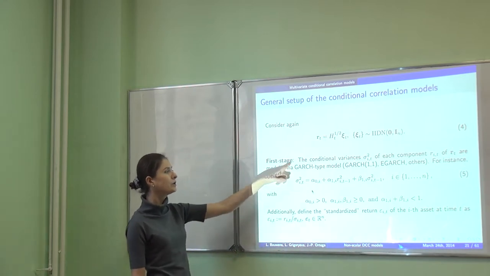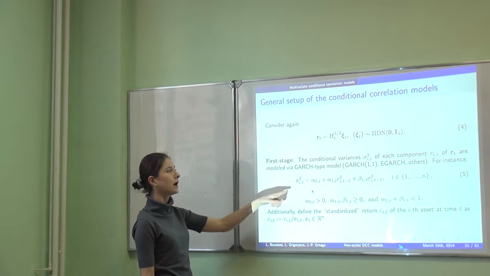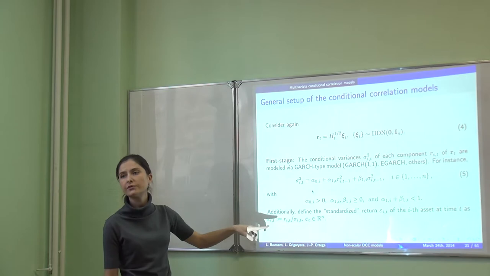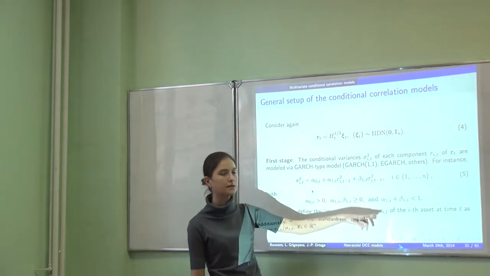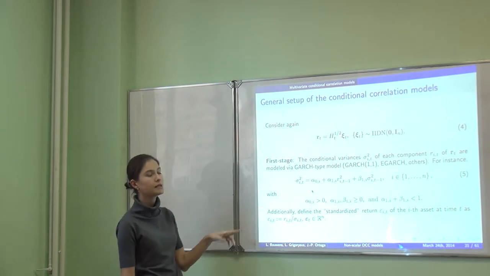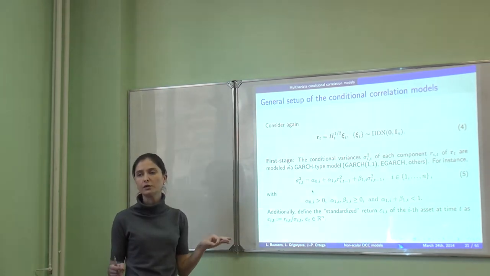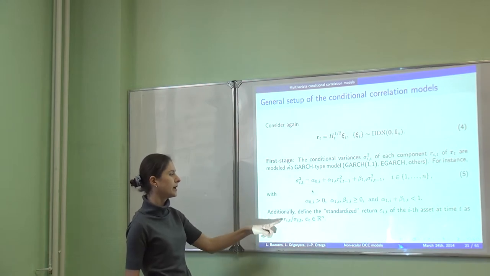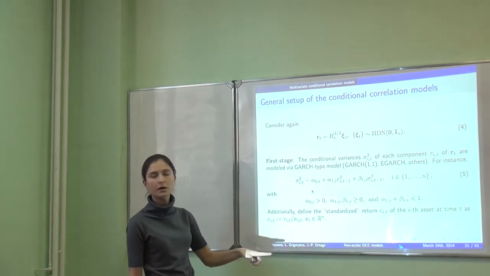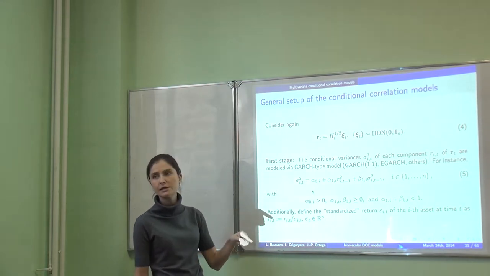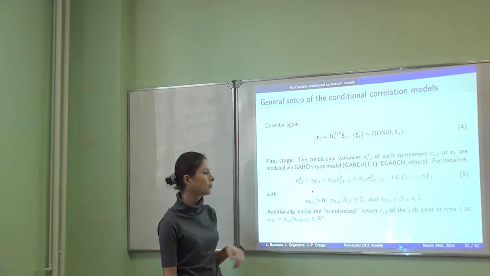Now, having knowledge about these conditional variances, we can construct the so-called standardized returns, for every asset i and every moment t. And now we forget about the initial asset returns and keep working with the standardized returns. It is easy to get because you are given the asset return, and you are given sigma that you just obtained from the conditional variances of the GARCH model, and you come up with these factors.